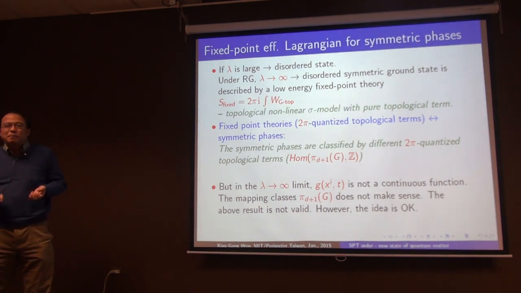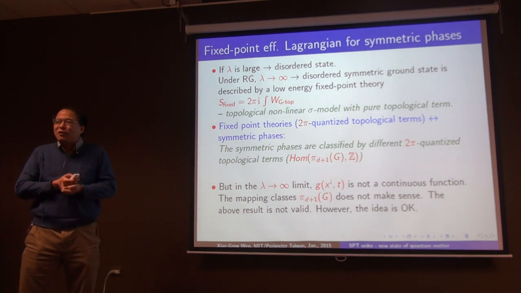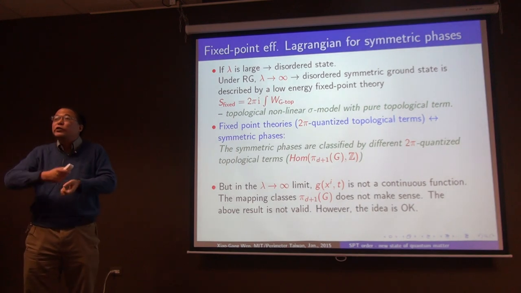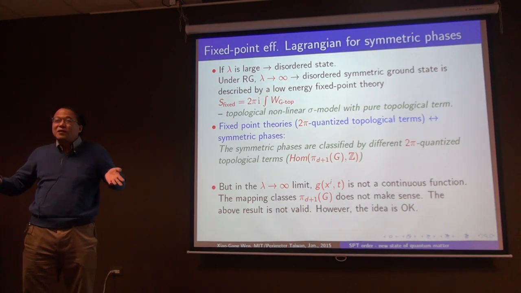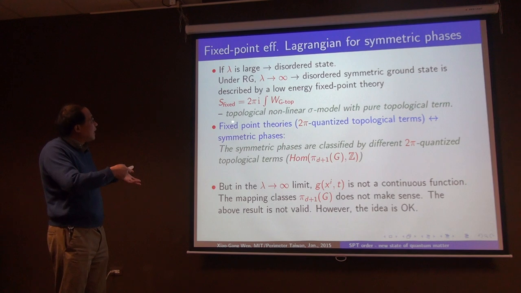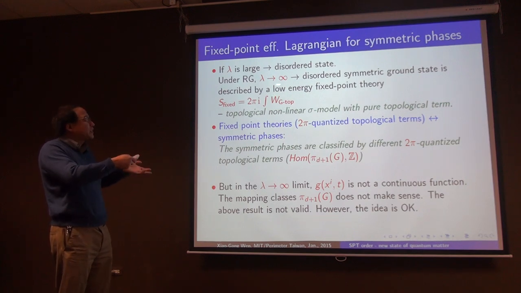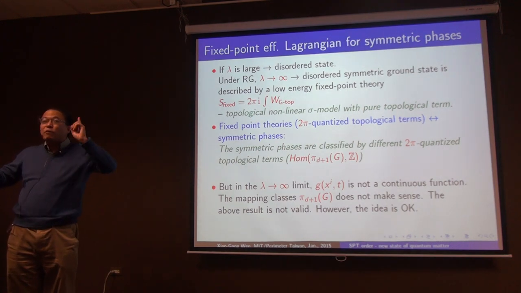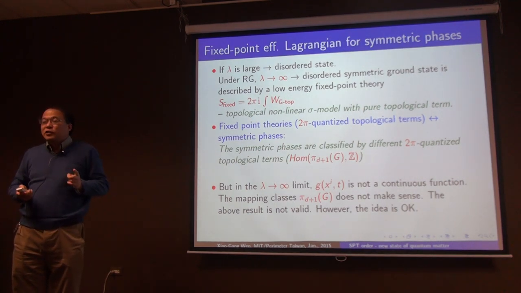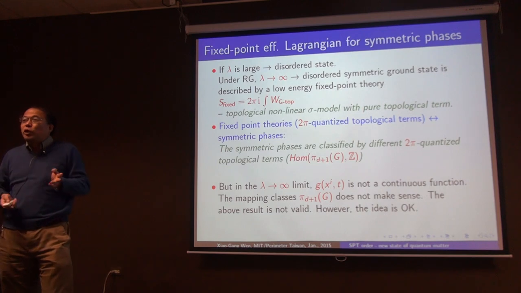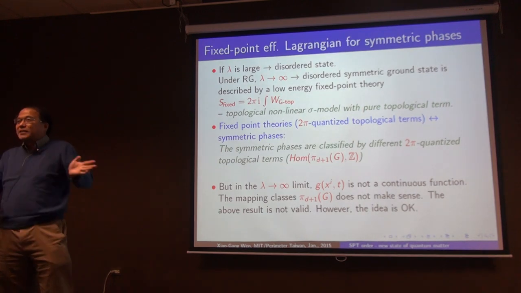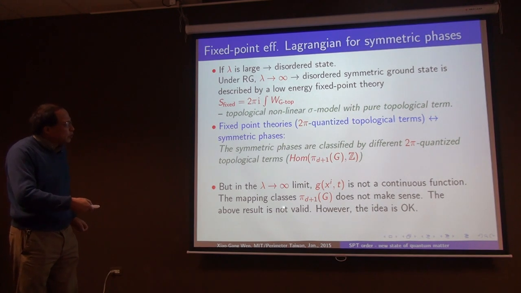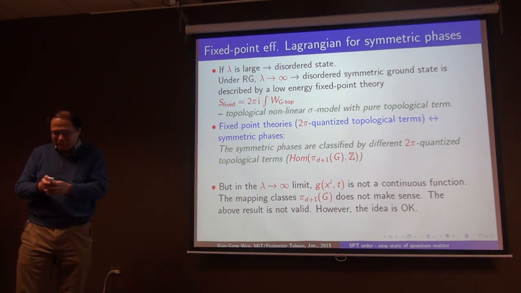And then, okay, we have an even simpler result, because there's no continuous field, there's nothing there, there's no topological term, and all the fixed point theories should be the same, because we don't have a 2π topological term. So maybe we only have one kind of fixed point theory. So maybe there's no non-trivial SPD state, only one product state. That's all we have. After realizing this, it looks like maybe that's it.